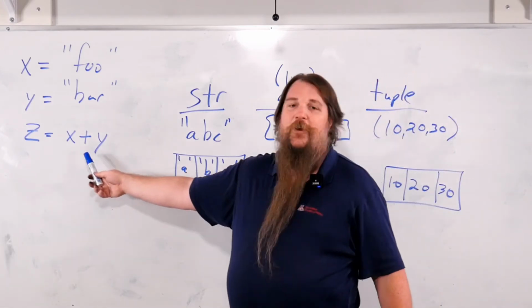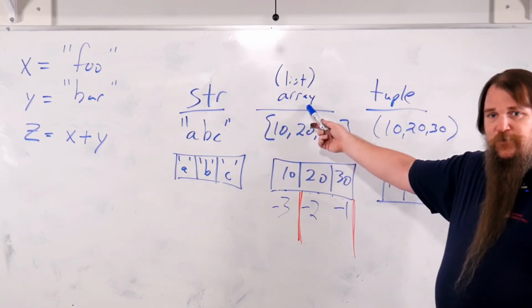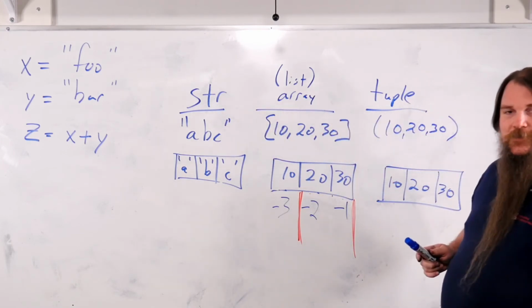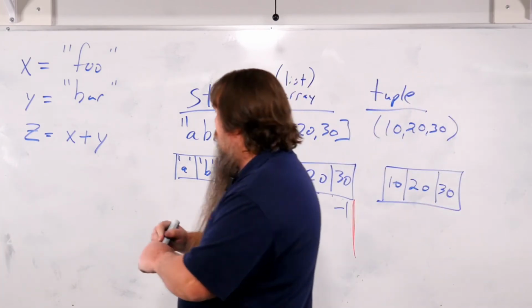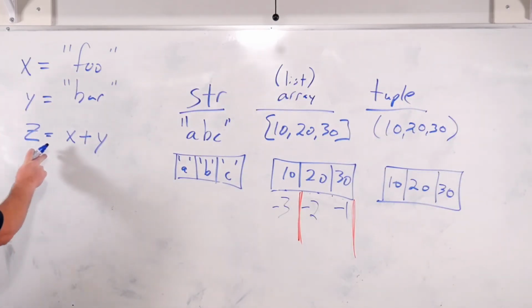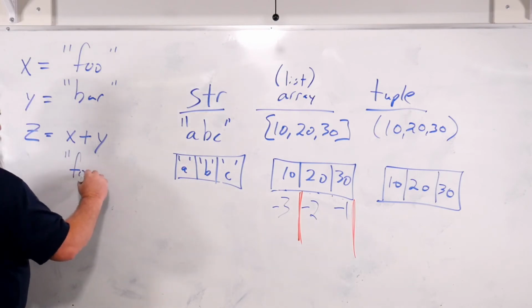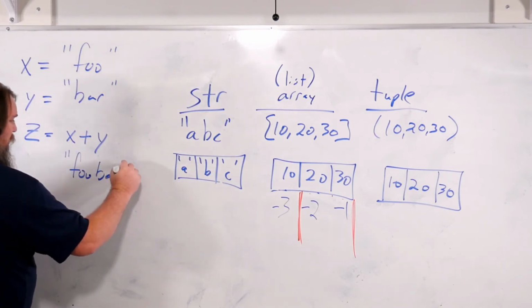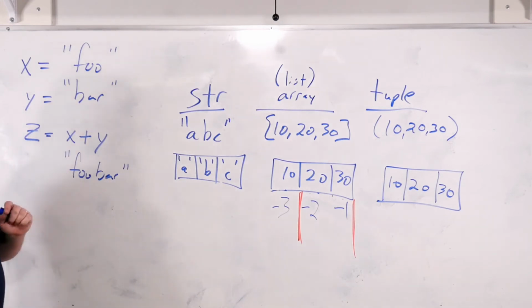The plus operator, if it's operating on a string or an array or a tuple, means concatenation of two elements of the same type. What is z right now? It is foo bar. It is a string of exactly 6 characters.